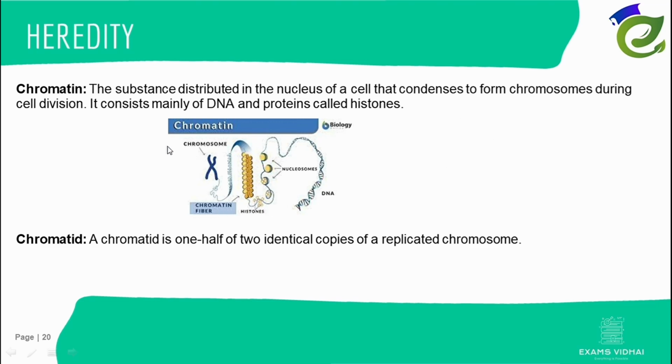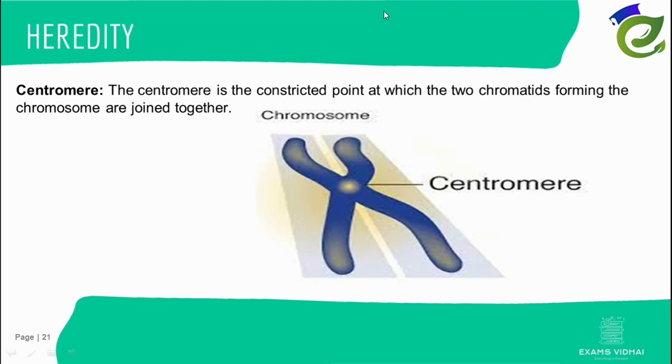And a chromatid is this half of the chromosome, which is the replica of the other half. So this half is called a chromatid, whereas this chromatin is the fiber which condenses to form the chromosome. And what is a centromere?